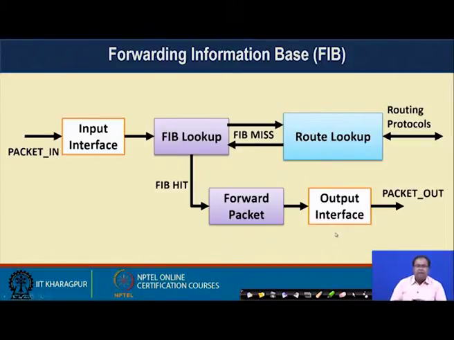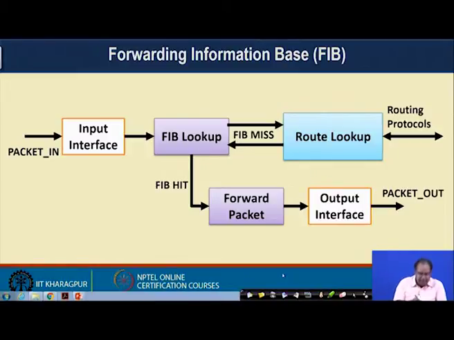So, this is the idea: whenever you have a packet in event, meaning a packet is input to the system, it is put into the input interface. In the input interface, you look into the forwarding information base, your local cache of the routing table, which is implemented inside the hardware. After looking into this local cache, if there is a hit, that means the information is there in your FIB.